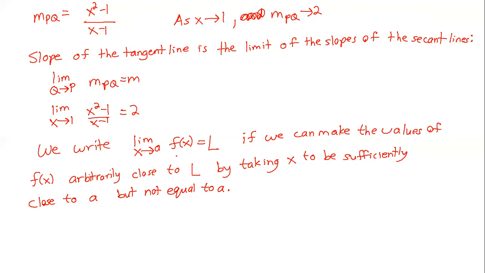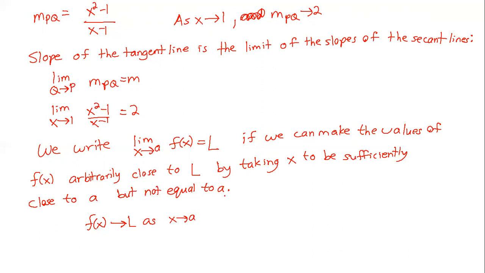So when we use this notation, we mean that I'm making x closer and closer to a. I keep evaluating f of x, and as I make x closer and closer to a on either side of a, I keep getting a number that seems to be approaching L. People also might write f of x goes to L as x goes to a.